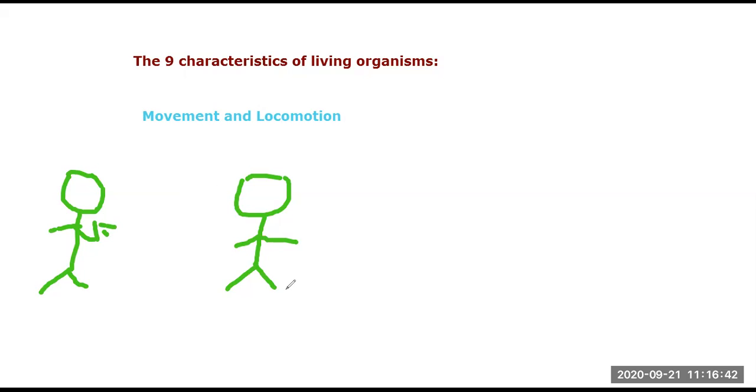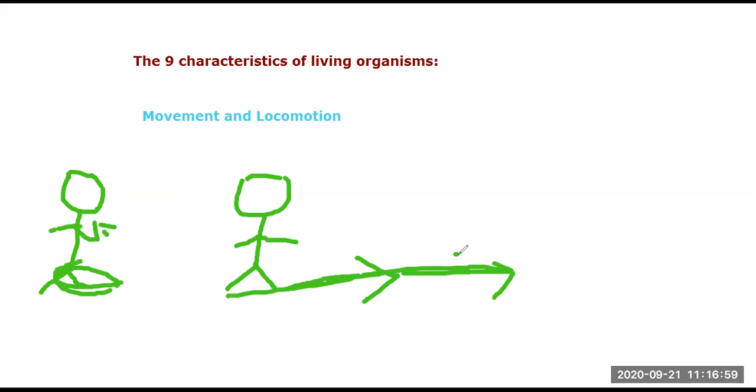While your friend is walking opposite to you, you're standing here while your friend keeps on moving. He is moving from this point to this point, so he has done locomotion.